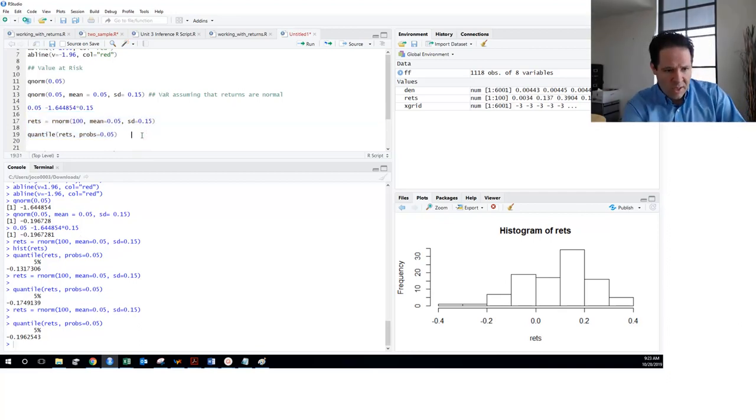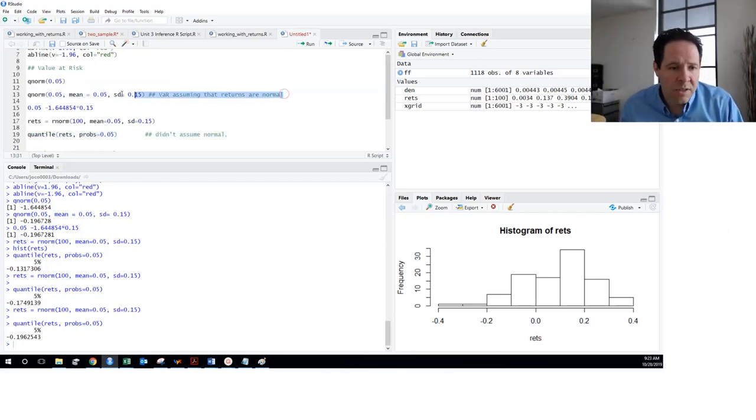Notice this quantile part didn't assume normal, but in the case of normally distributed returns, it gives us something that's in the ballpark. In the ballpark means it's the right number to capture the value at risk. It tells us the fifth percentile outcome in the return distribution.